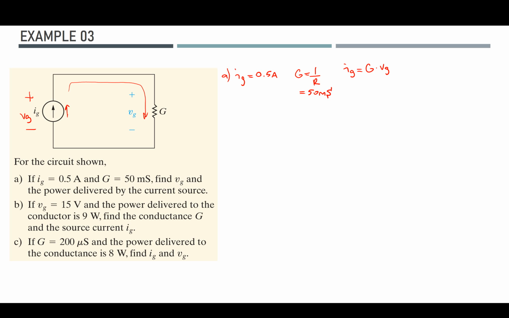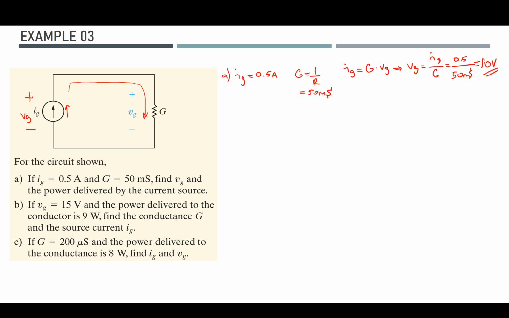So I know the Ig, I know the conductance, then I can calculate the Vg value. The unknown is Vg, so I can calculate it as Ig over G, which is 0.5 over 50 millisiemens, and that will give me 10 volts. So now I have found Vg as 10 volts.